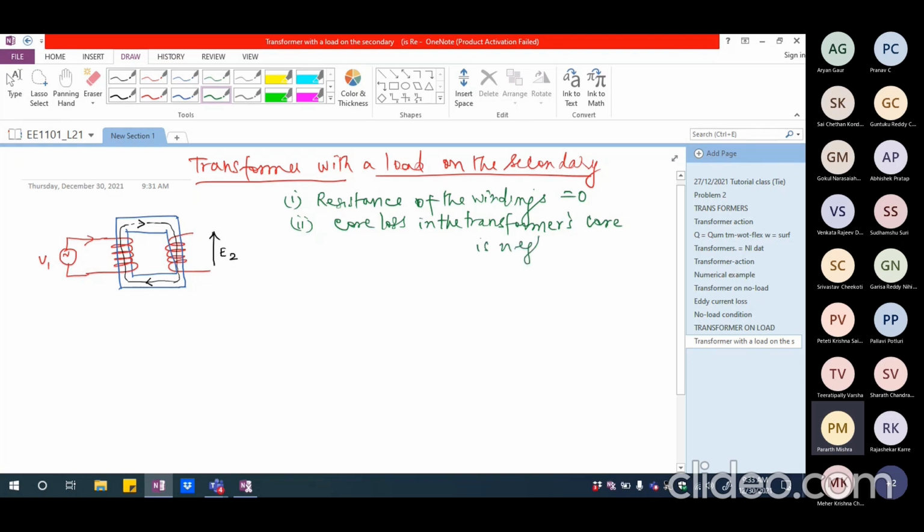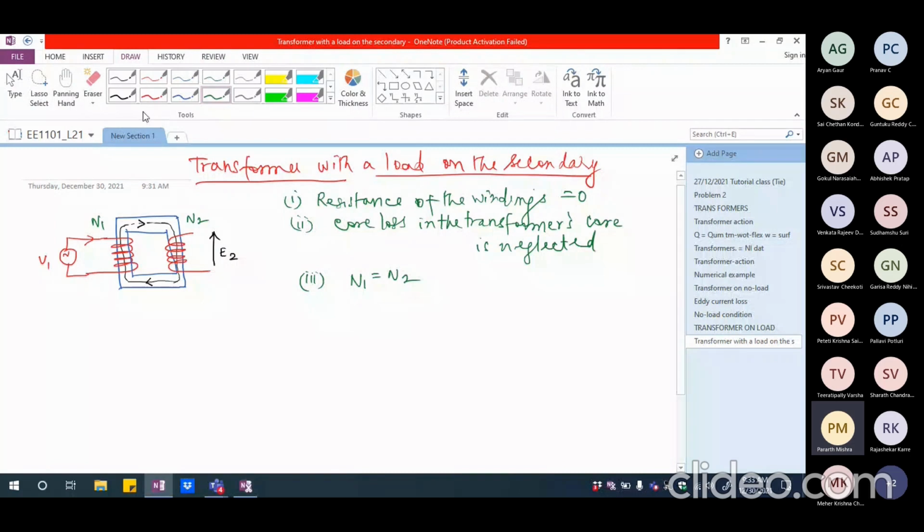And the third assumption, just for simplification, is N1 equal to N2. The number of turns in the primary and secondary are equal to each other. Let me just assume it that way initially to analyze this particular transformer's action.